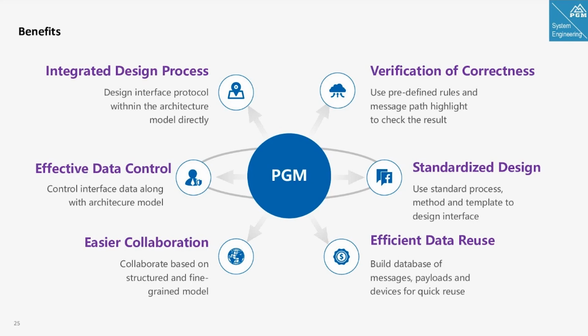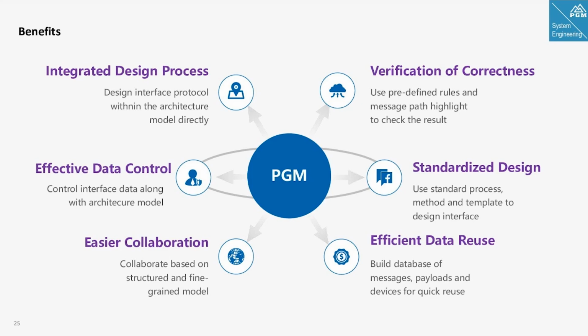And the second benefit is effective data control, because the interface information is right inside the architecture model. So when you control the version of the architecture model, it means you also control the design of the interface. They are controlled together.